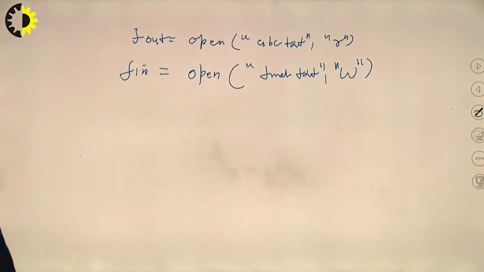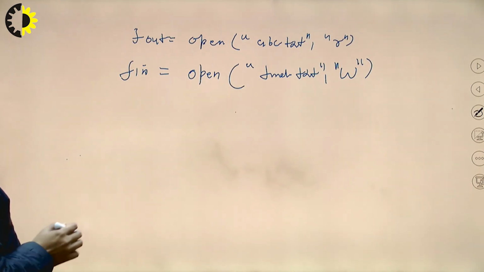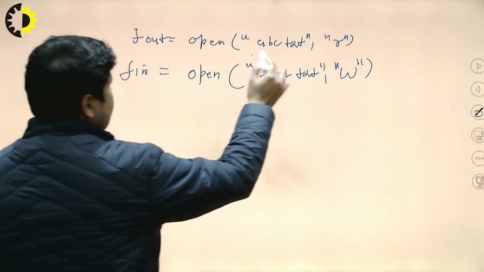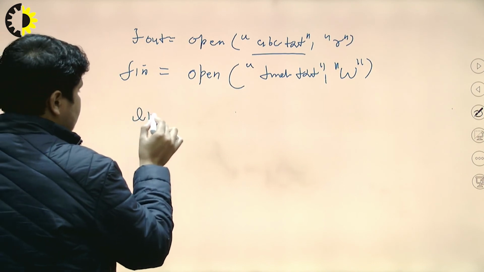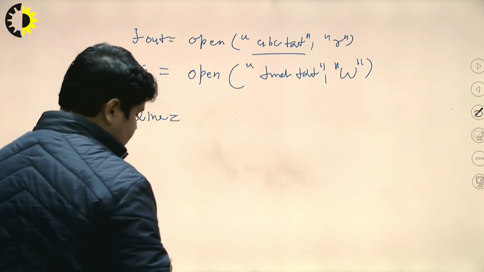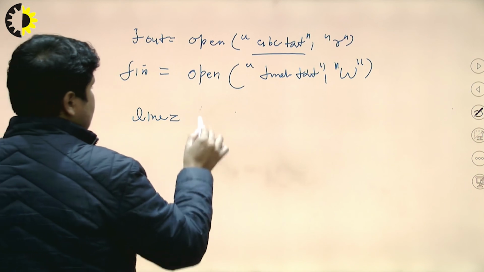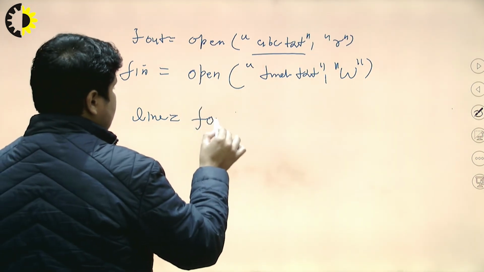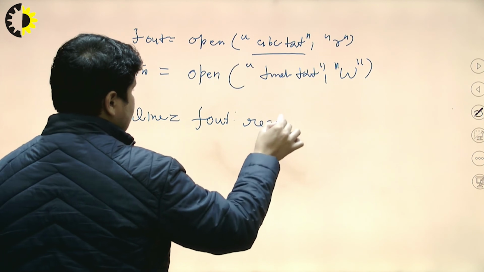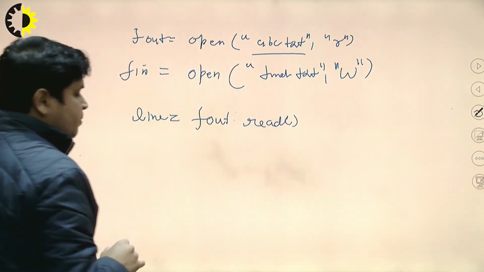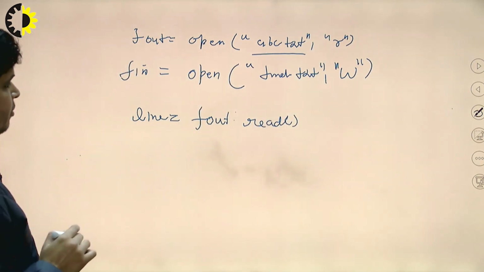Now I am going to read the entire data from the file abc.txt. How can we read? With the help of the read function, fout dot read. Entire data of the file abc.txt will be read.